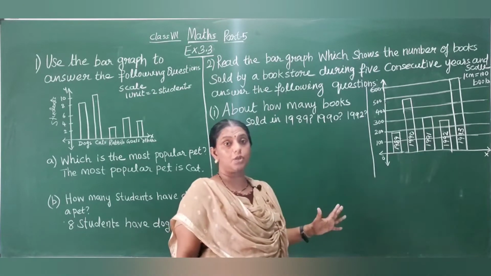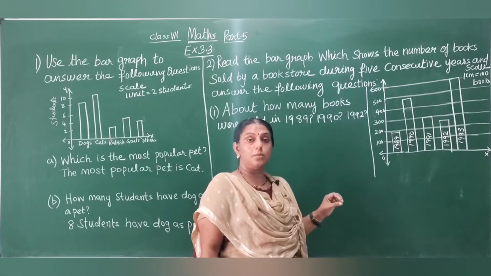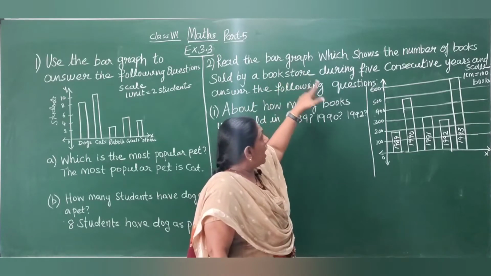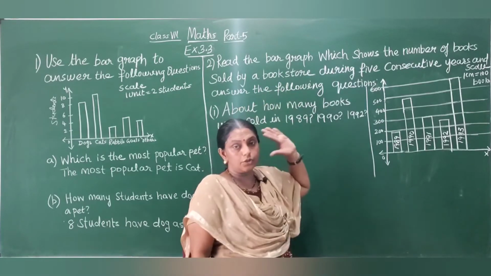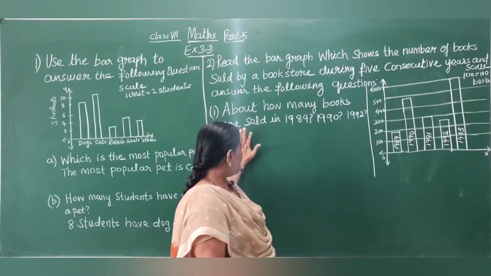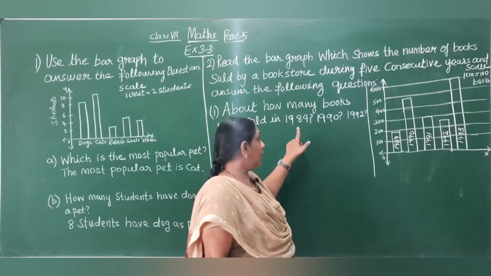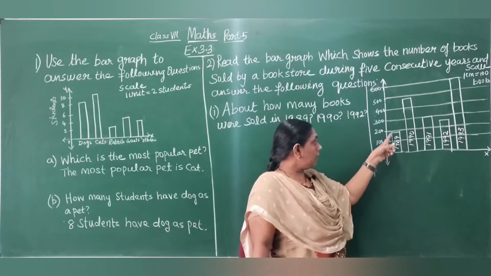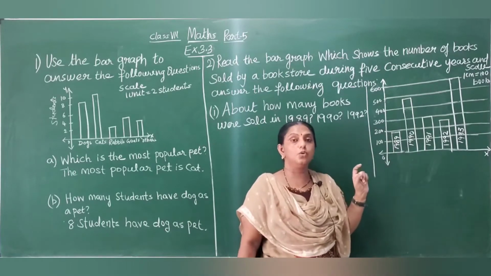These are the 5 consecutive years in which books were sold by the bookstore. Answer the following questions. First, how many books were sold in 1989? Here it is about 100, it's not touching the 200.